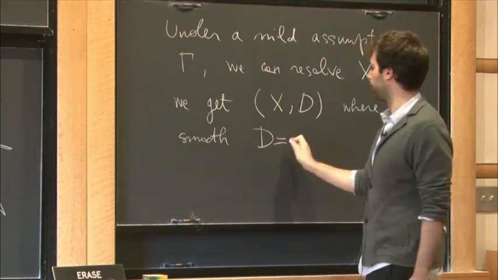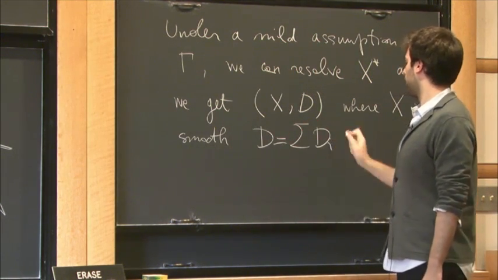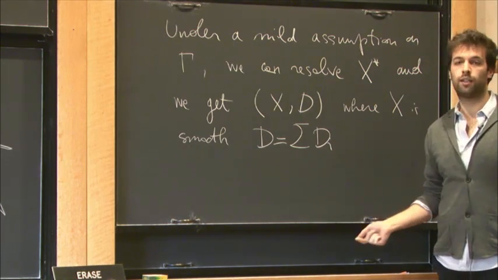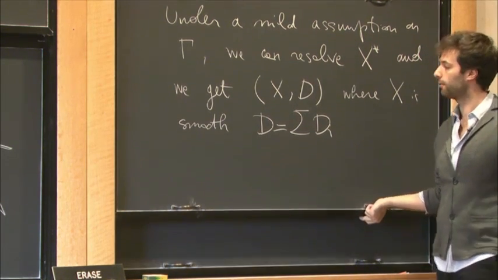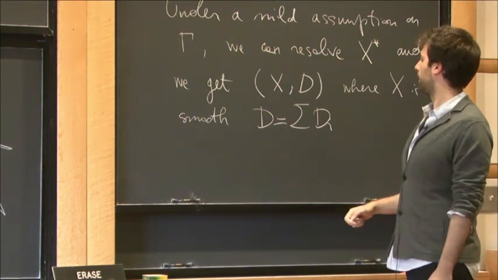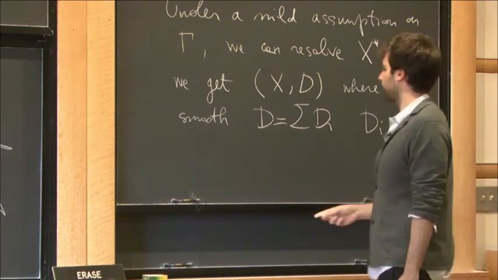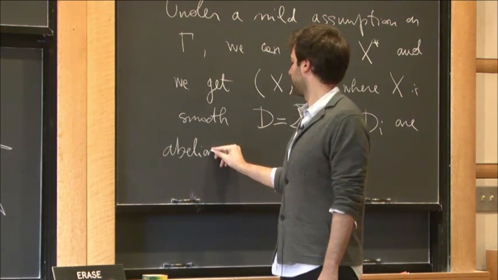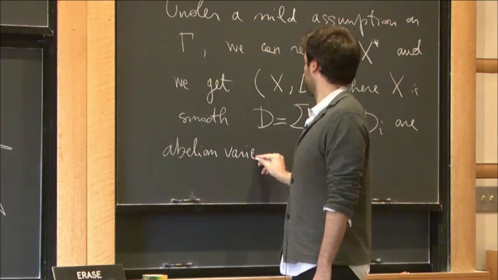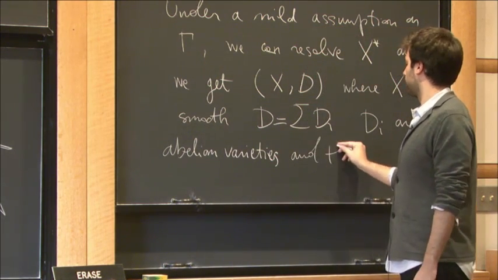The divisor D, which is the exceptional divisor, is a sum of irreducible divisors Di, which are all disjoint, smooth, and abelian varieties.